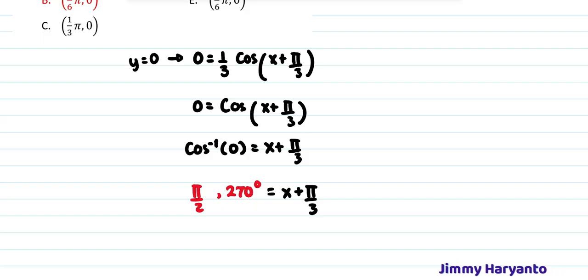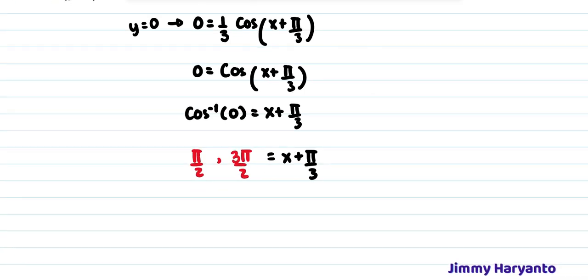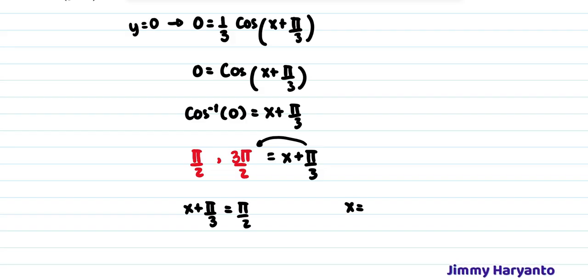So 180 is pi, so pi over 2, while 270 is 3 pi over 2. And then I will move the pi over 3. So let's do it like this. x plus pi over 3 equals to pi over 2 first, and the other one is x plus pi over 3 equals to 3 pi over 2.